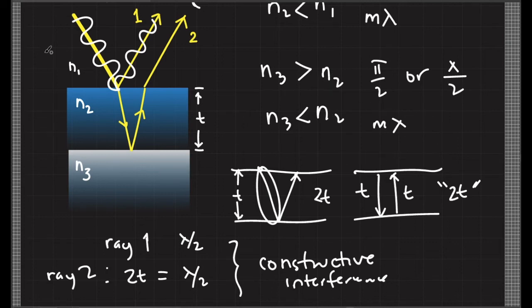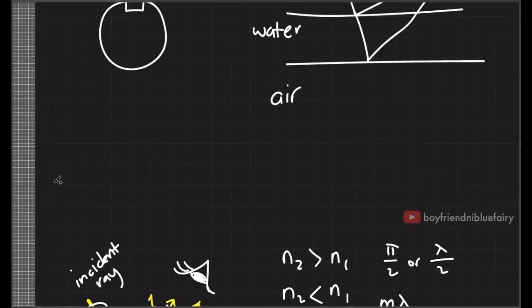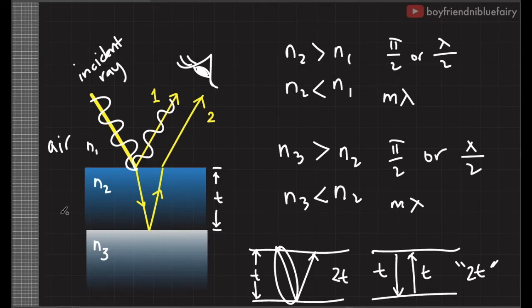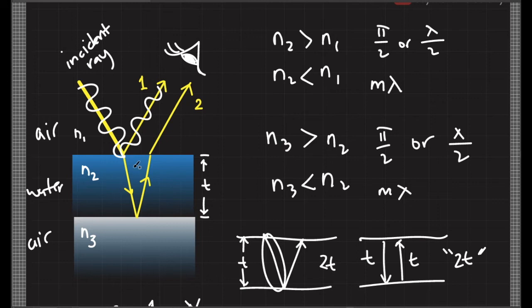Essentially, if medium 1 is air, just like in our example of the bubble, we have air, water, air. The medium for n sub 2 consists of water. So basically, if we have air, water, and air, then apparently this reflected wave will be in phase. In other words, it won't have a phase lag or a path length difference of lambda over 2.